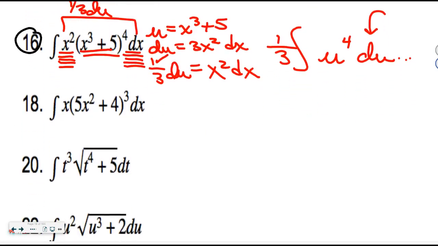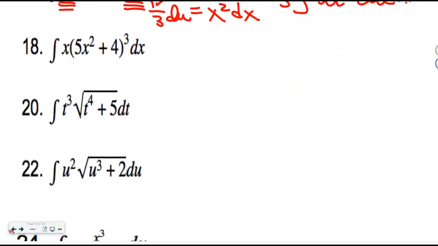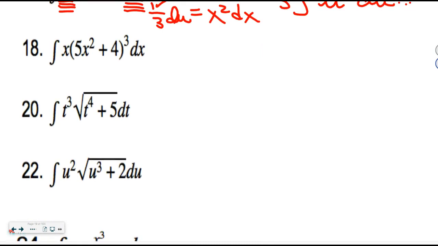So I want you guys to try until you go dot, dot, dot on, let's just do number 18. I just want to make sure you can do a variable change on a nice straightforward one. So number 18. Raise your hand when you're done or stuck on it.